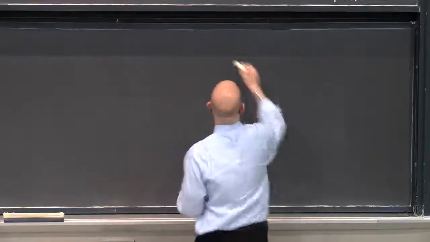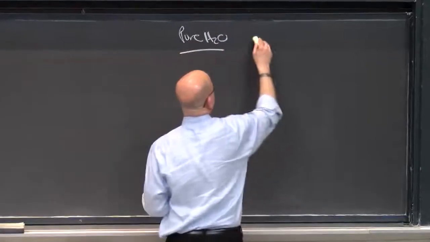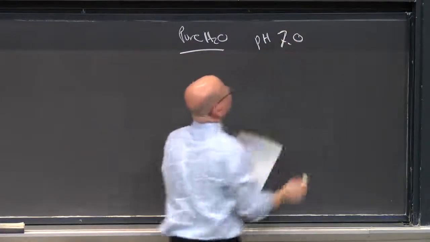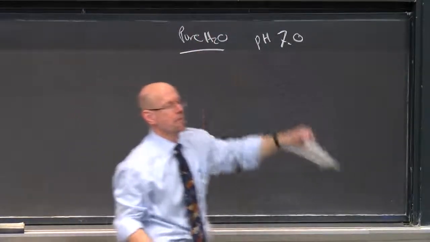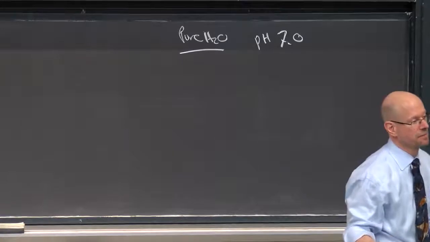If we add it to pure water, our starting pH was 7. If I add 1 millimole of hydrochloric acid, that's 0.001 moles, what's our pH going to be?